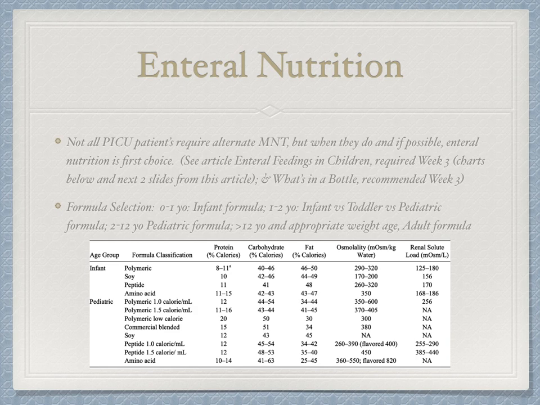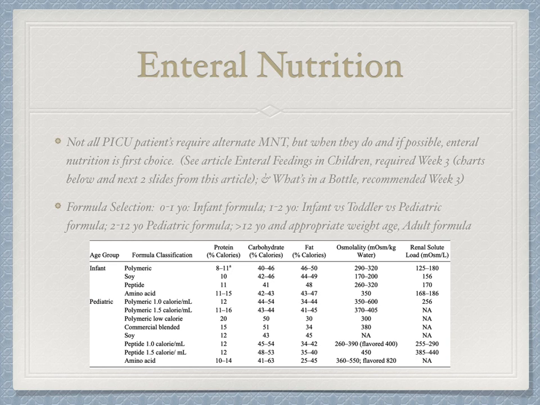There's also an article called What's in a Bottle that covers the brave new world of infant formulas. When it comes to formula selection, children aged 0 to 1 year old should be given a standard infant formula. From 1 to 2 years old, it gets a little more complicated.